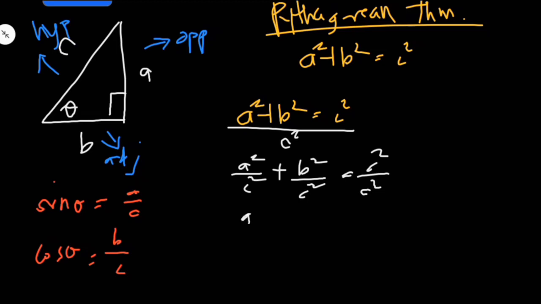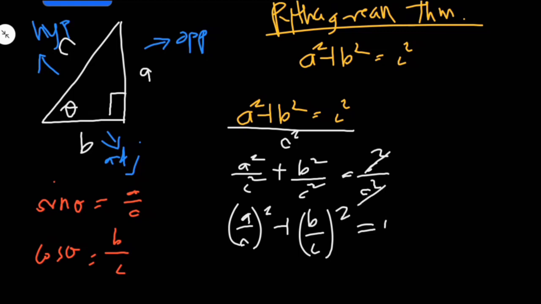So this becomes (a over c) squared plus (b over c) squared equals c squared over c squared, which is equal to 1.